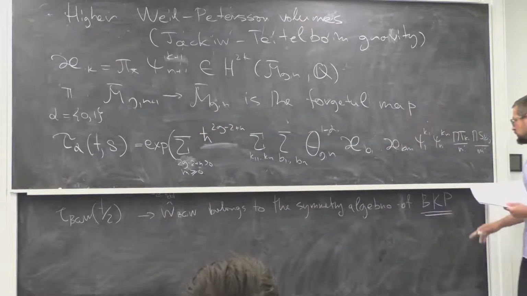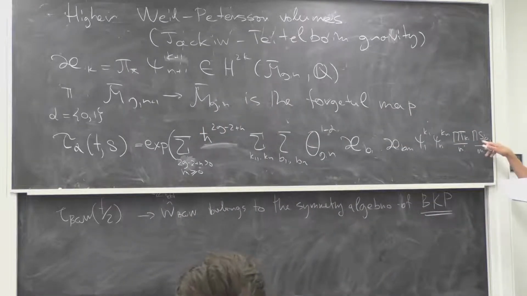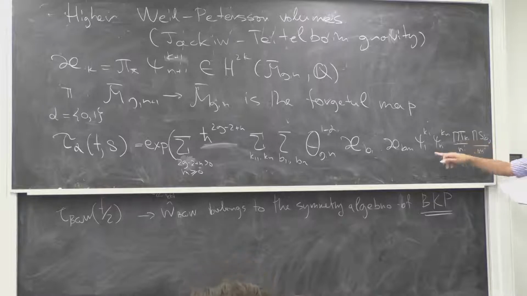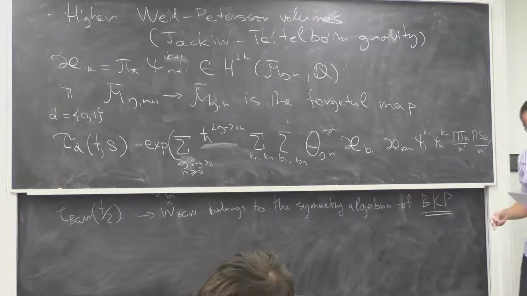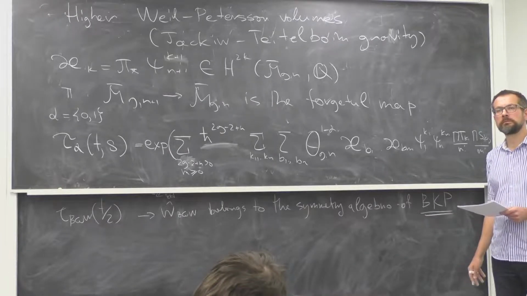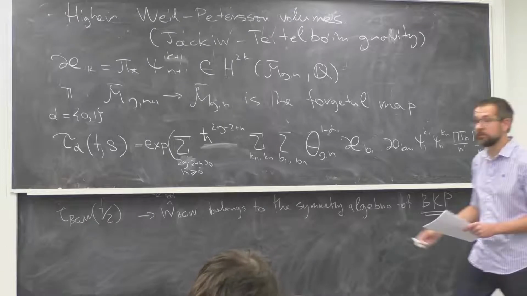Okay, so now we have two infinite sets of variables. The T variables correspond to the insertion of psi classes, and S variables correspond to the insertion of the kappa classes. There should be somewhere a sign of integral. Yes, thank you. Exactly.